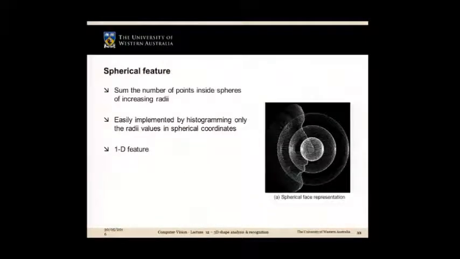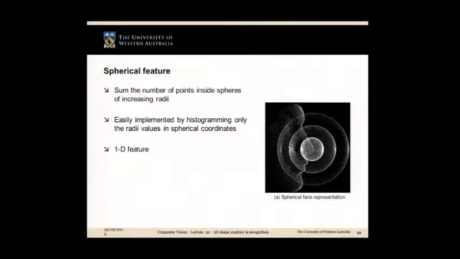Okay, so coming to the first 3D feature, which is a spherical feature. For example, you take one reference point, let's say the nose tip is one of your reference points, and you create a sphere around that point, right? And you count the number of points on the surface that lie inside that sphere.